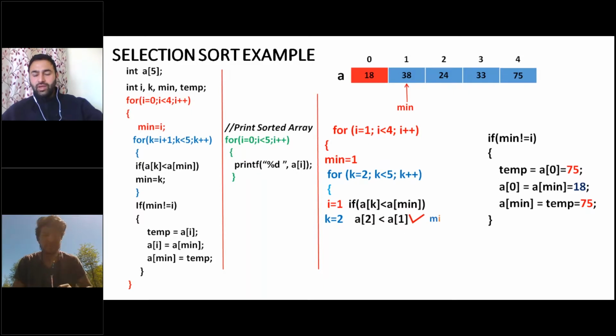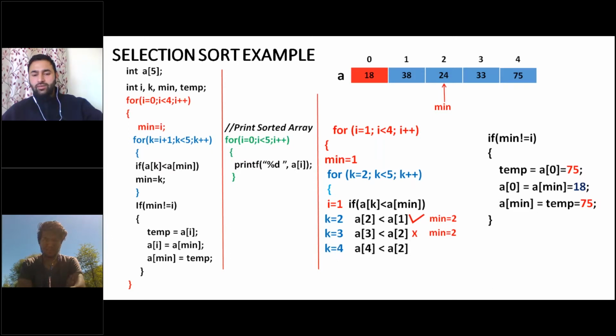So now minimum will change to 2. After this, value of k will become 3. And since a of 3 less than a of 2 is false, minimum will not change and it will remain 2. See, it has not been changed to 3.